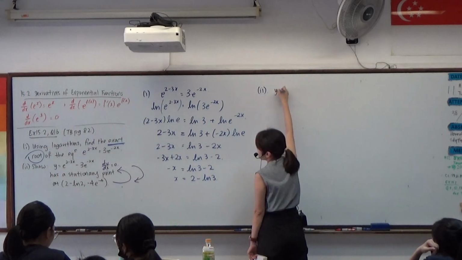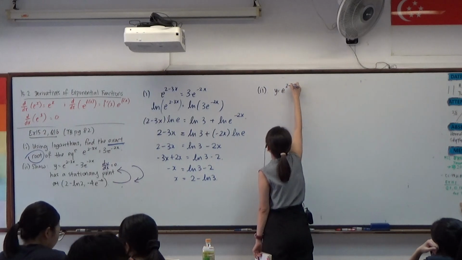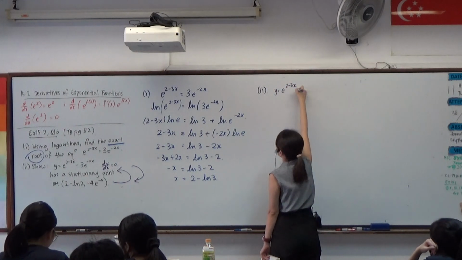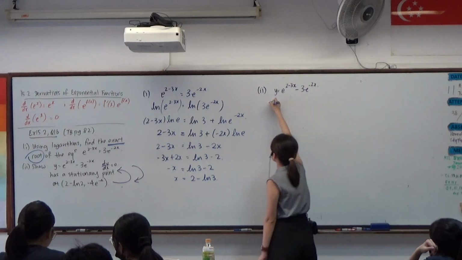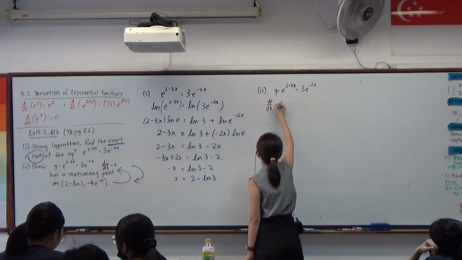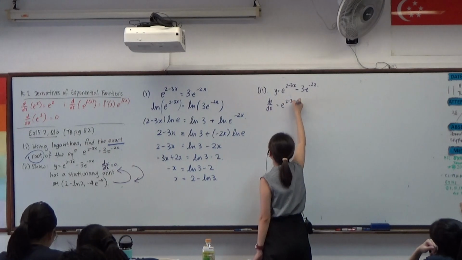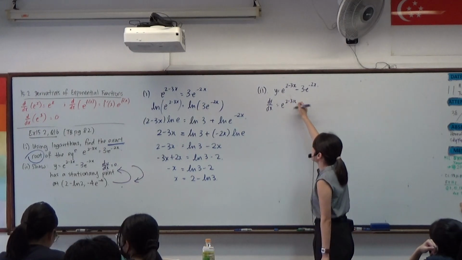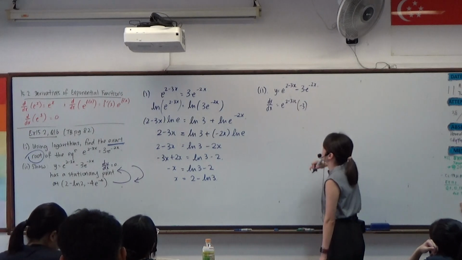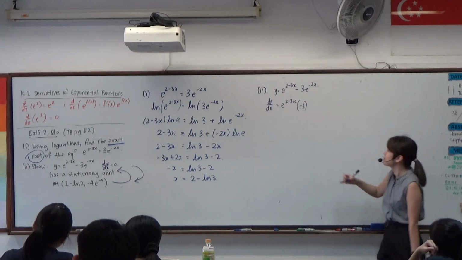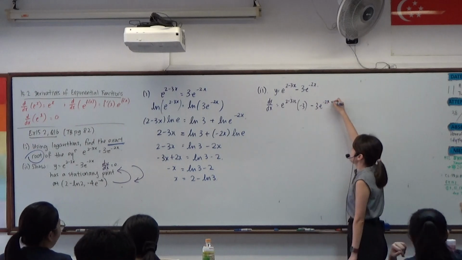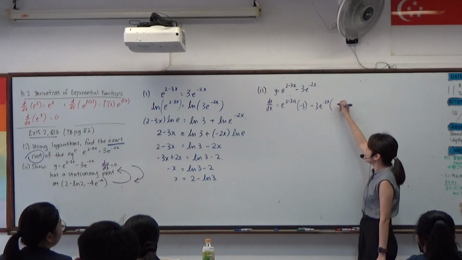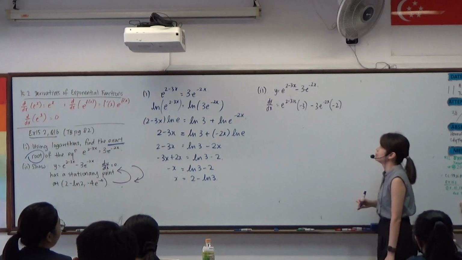Given y equals e to the power of 2 minus 3x, minus 3e to the power of negative 2x, we differentiate. Differentiating this, you will get the same thing, not forgetting to multiply by negative 3, minus away, and the same thing again, differentiating the power, you get negative 2.